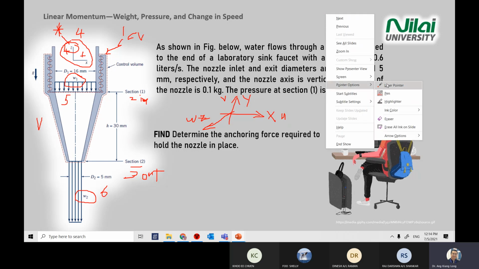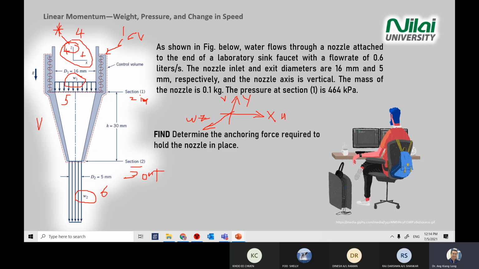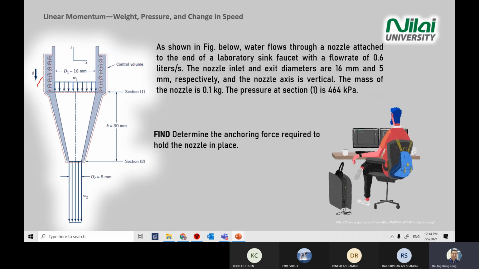Now after you label this, you have to check yourself whether you understand the positive and negative sign. Once you label section 1, which is your input, this is your output.